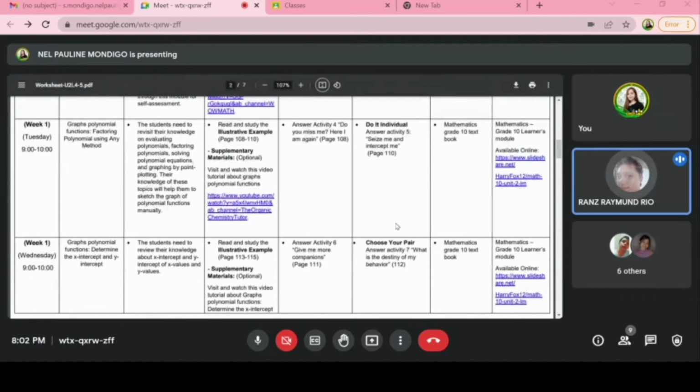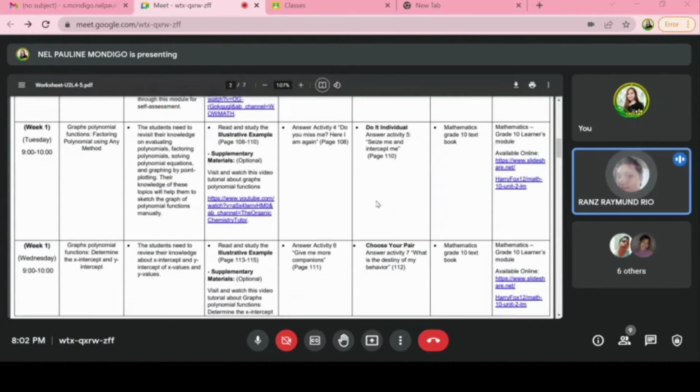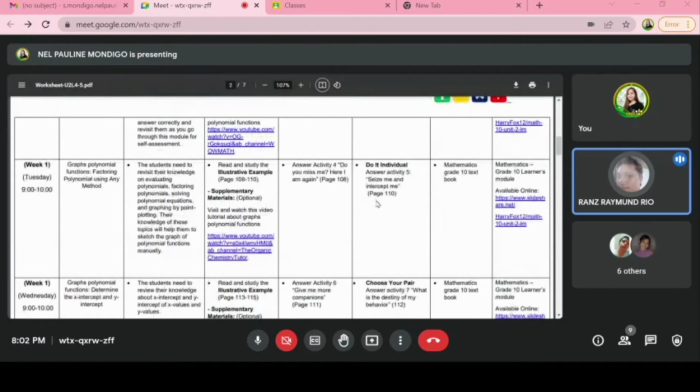For day 2 of week 1, our competency is graph polynomial functions, focusing on factoring polynomials using any method. For the contextualization, the students need to revisit their knowledge on evaluating polynomials, factoring polynomials, solving polynomial equations, and graphing by point plotting.